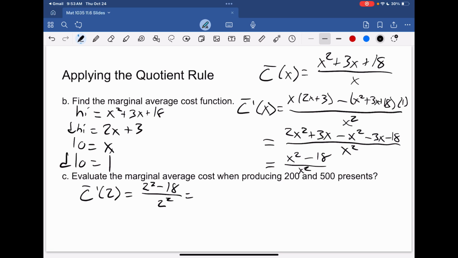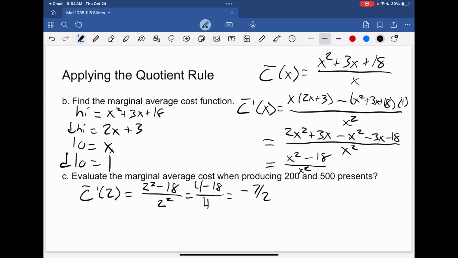And that comes out to 4 minus 18 divided by 4. Is that right? Yep. So I have 4 minus 18 over 4, which is negative 14 divided by 4, or negative 7 over 2.